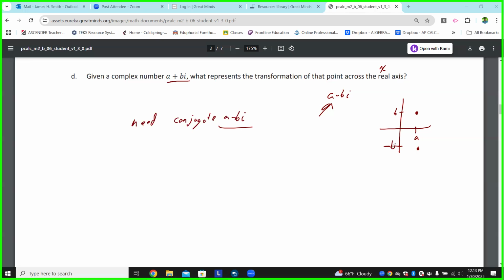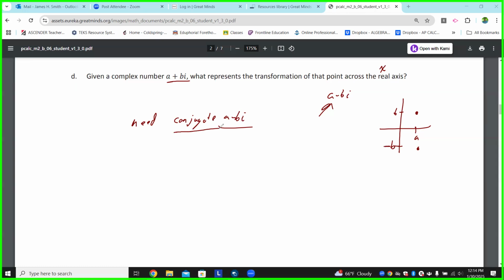So that would give me an A minus BI. My question then from there is, what is A minus BI? It is a conjugate. I think I spell it wrong every time. Is it the G first, then the J, or is it J, then G? Oh, so I got it right this time? Usually I always do G, then J. All right. Recalling back memories, right? All right. So now I think we're ready for the second challenge.